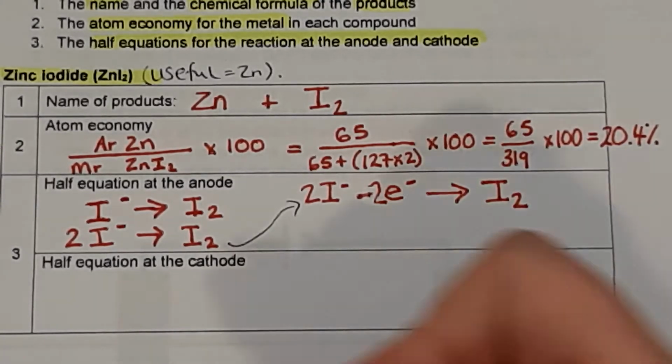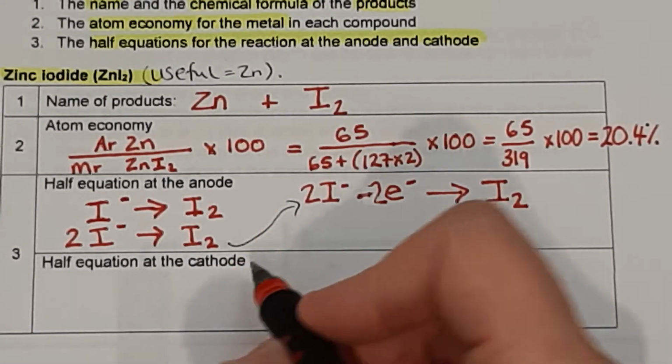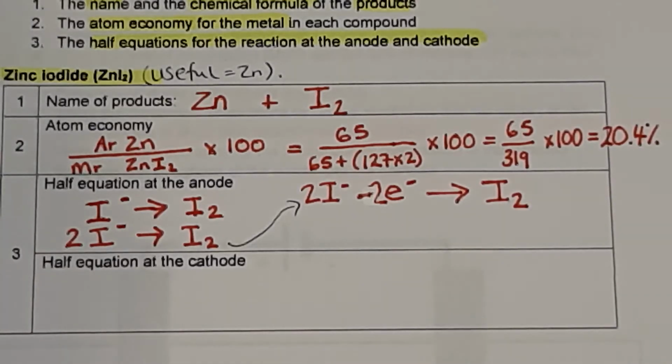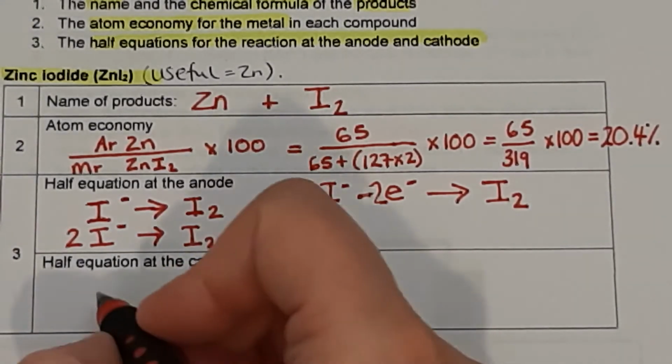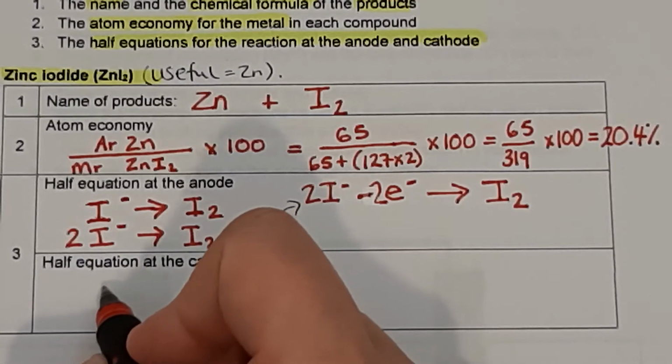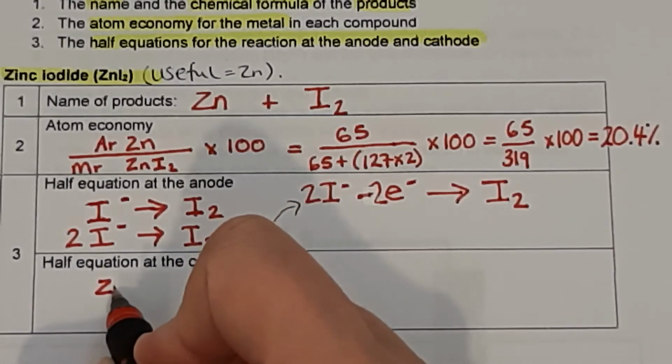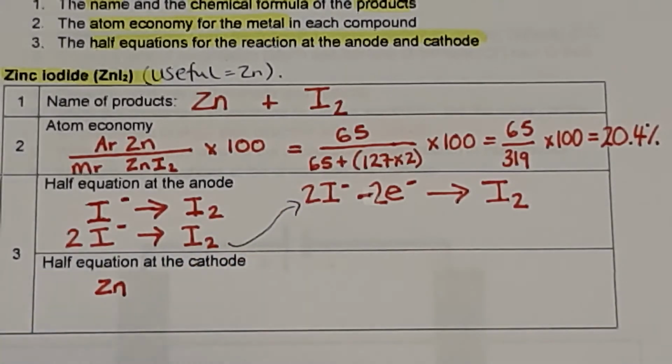Half equation at the cathode. So the cathode is the reduction of metal ions to become metal atoms. So in this case, it's our zinc ion. So Zn. Now, can you recall the charge on a zinc ion? The way we can recall is to know where zinc is in our periodic table.